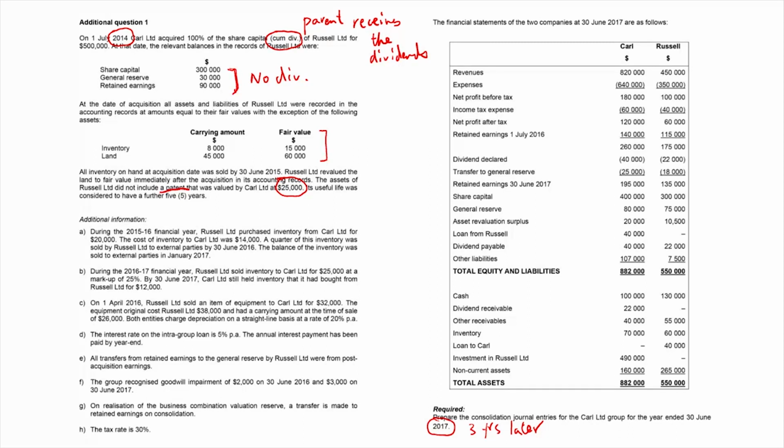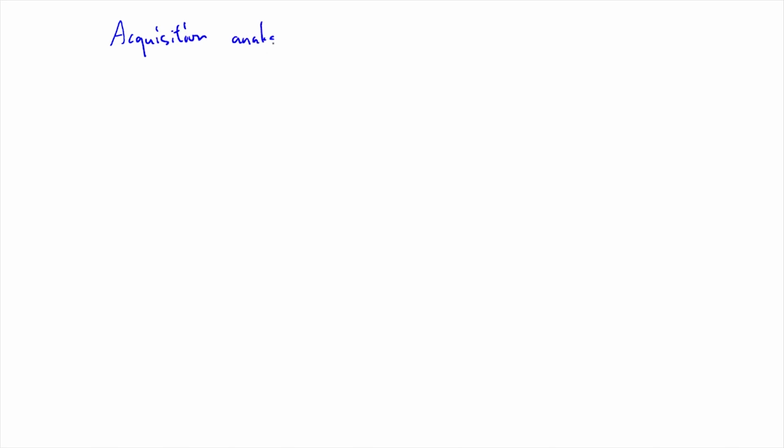Okay, so let's write down the information here. We're going to write down acquisition analysis. We're going to start with the net fair value of identifiable net assets. With this one, we want to add up all the pre-acquisition equity. According to the question, we got 300,000 capital, 30,000 general reserve, and then 90,000 retained earnings.